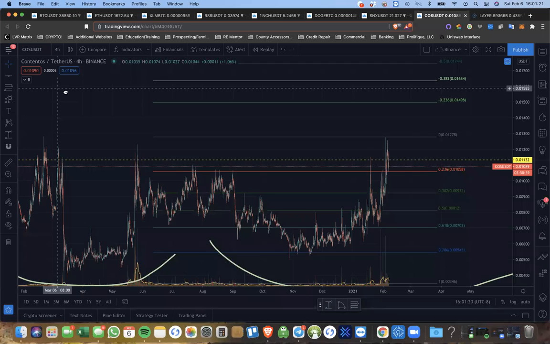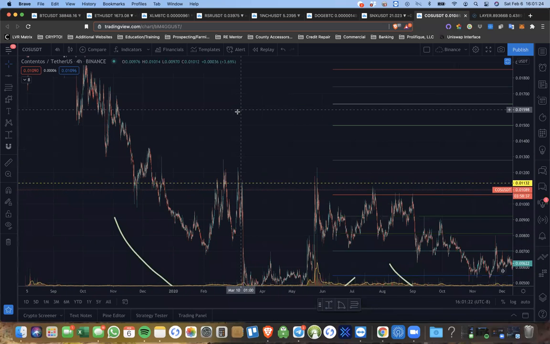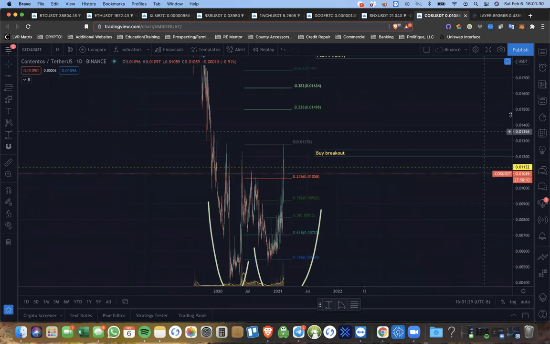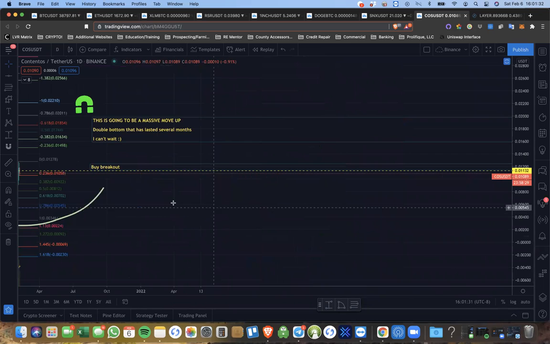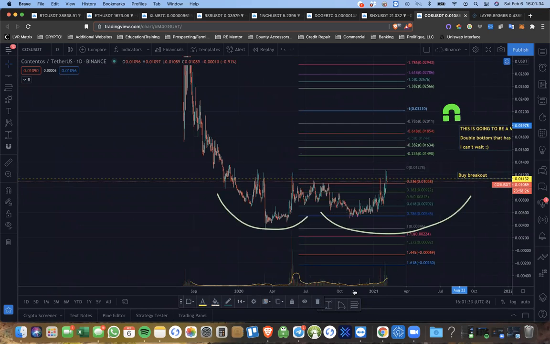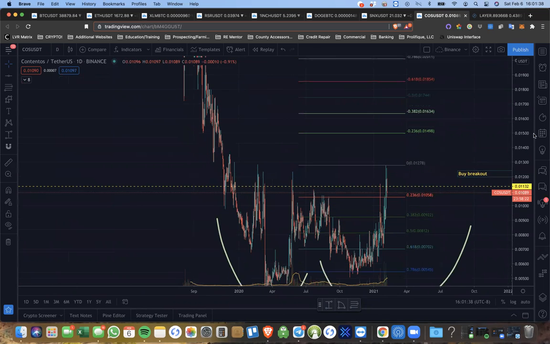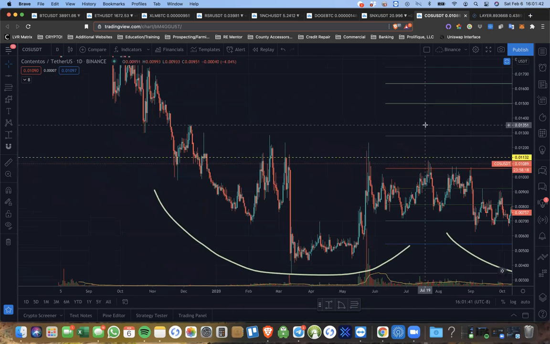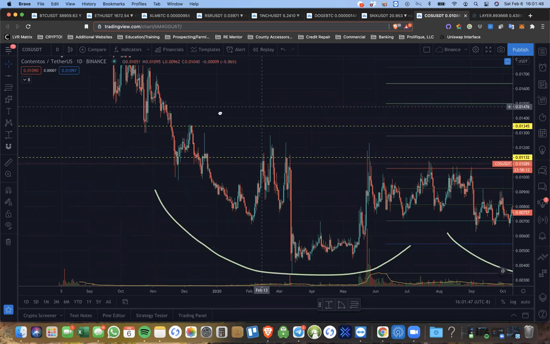Let's see if we can identify where some of this market structure is. And we'll use the day chart since it's such a big graph. So we got one right there. I'd even say we got some right here, right?